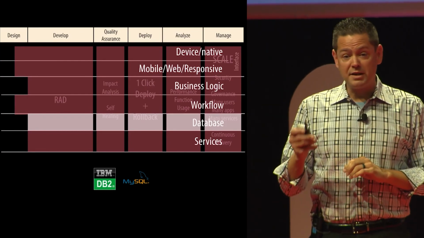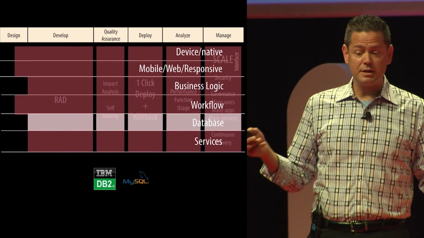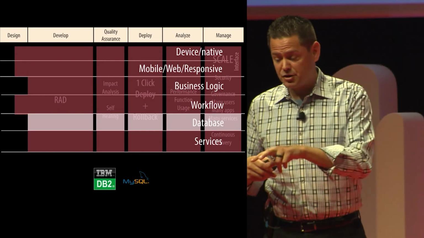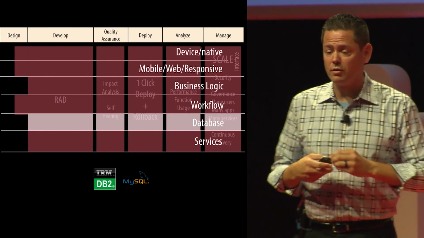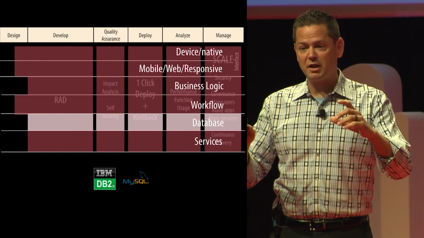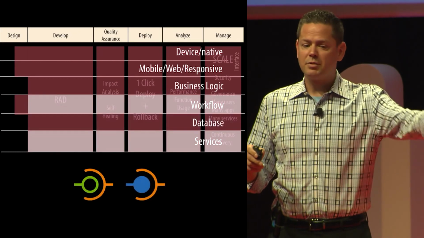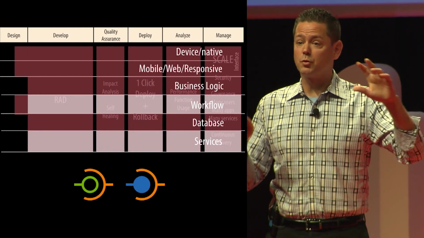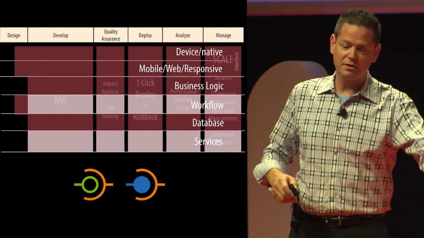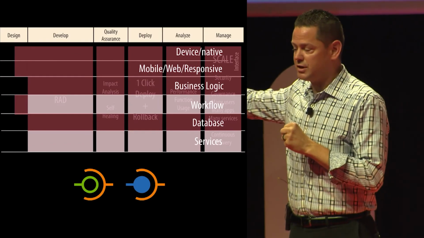All right, so the next thing that we did talk about, right, is the consumption and exposing of services. Those two icons on the bottom are the new icons for services inside the platform, and you'll notice that this is applicable not just at the services layer, but actually at the workflow layer as well, because we're using those services not simply as a pass-through. I'm not just taking this one API and then using it over here.